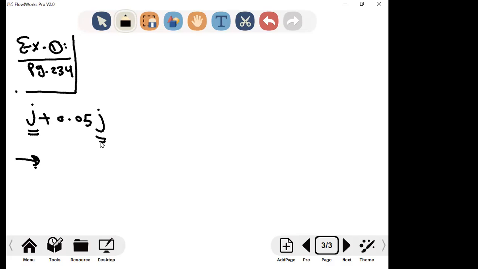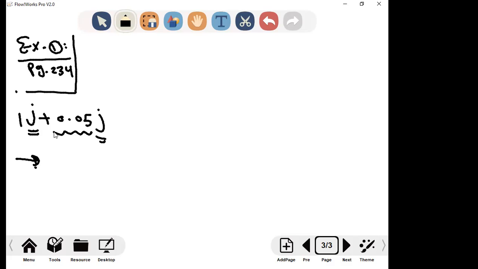Look at the 2 terms. The variable in the first term is J. The power of it is 1. We said if there is no power it means 1. No coefficient means 1 times. So here the variable is J and its power is 1. And here also the variable is J and its exponent is 1. What's the coefficient here? 1.